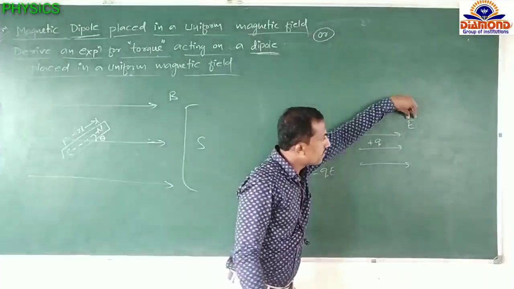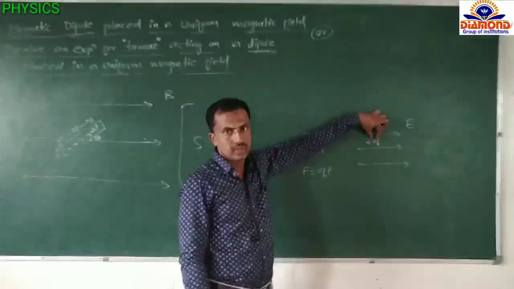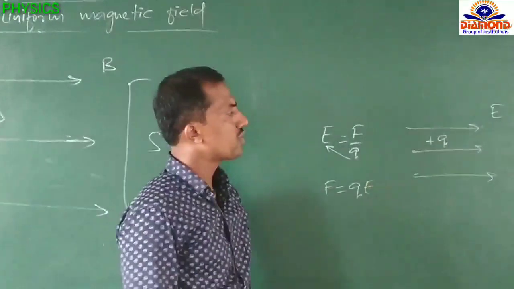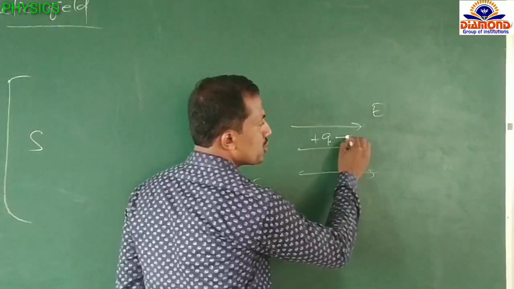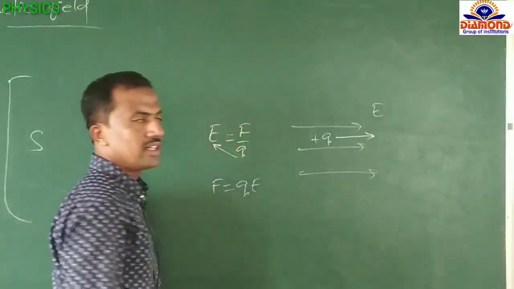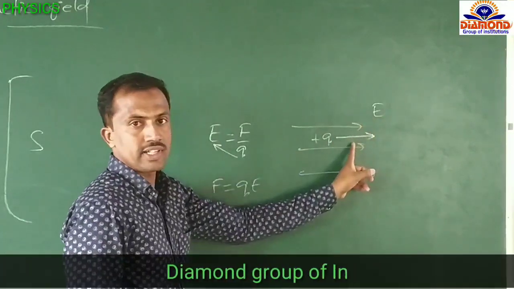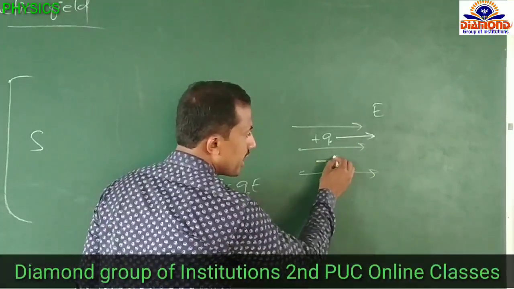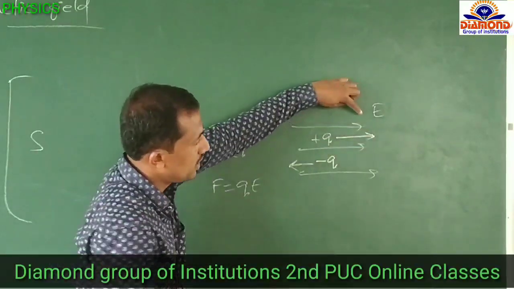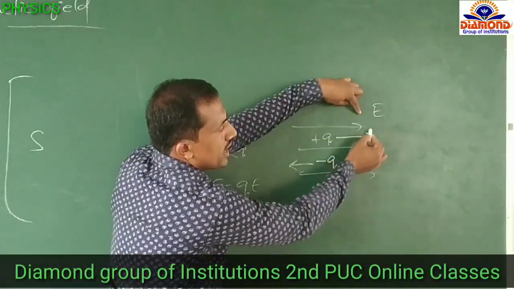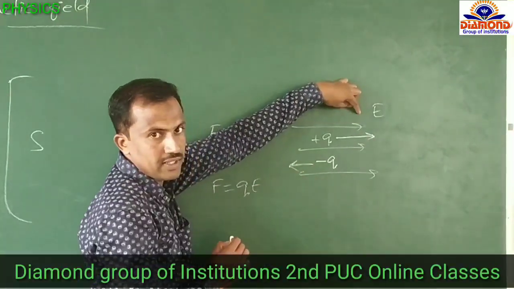Due to that force the charge is moving. If the charge is positive, it moves in the direction of the electric field. If the charge is negative, it moves opposite to the direction of the electric field.